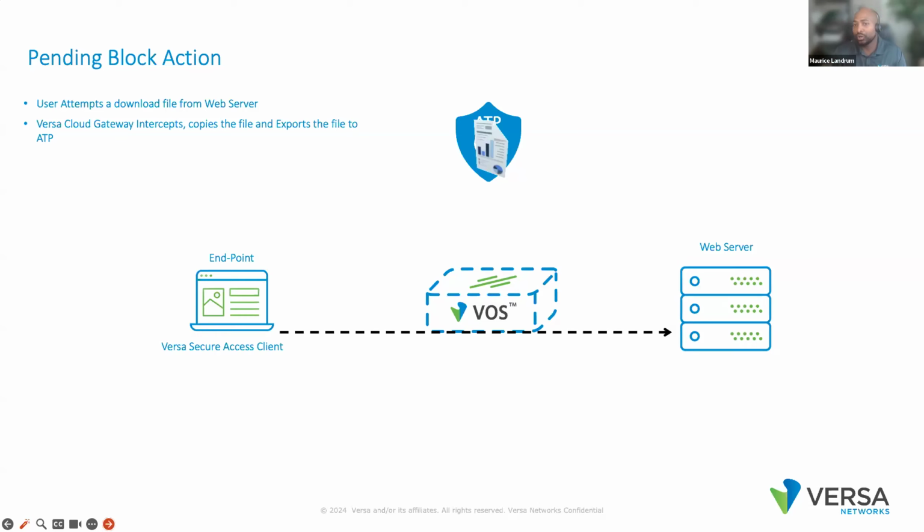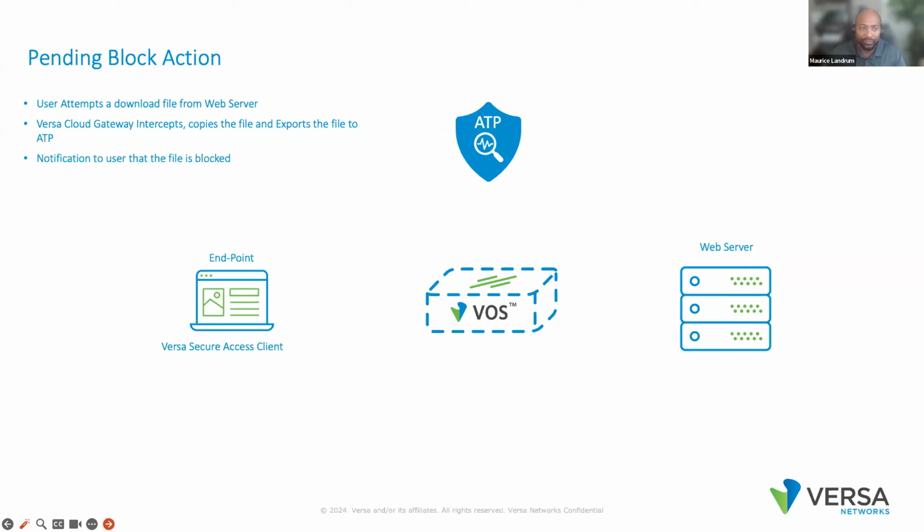Now, if we check the static, we check the cache, we check the metadata, we check all of these parameters, and all of the pipelines' final verdict was determined to be clean, then we can move on to detonate that file. And then from there, we'll return the final verdict, whether it's clean or malicious.